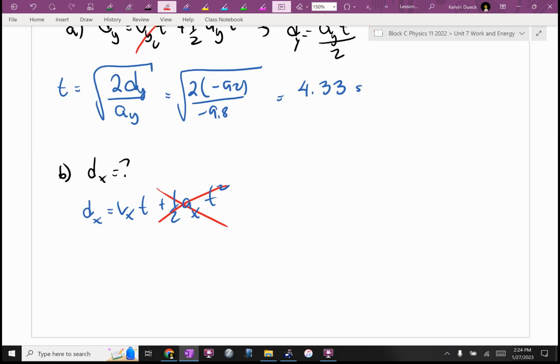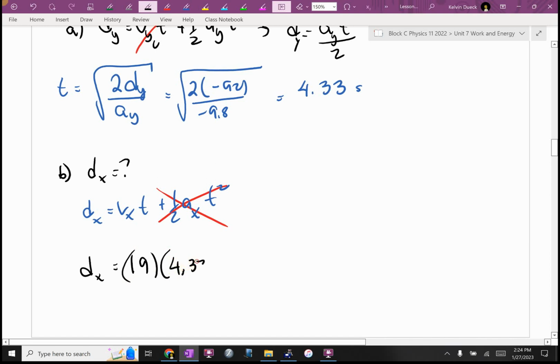Hey, I got this. So dx is going to be vx. Was it 19? T, I'm going to write 4.33, but you know I'm using my answer button. What do you get? 82.7. 82.3.